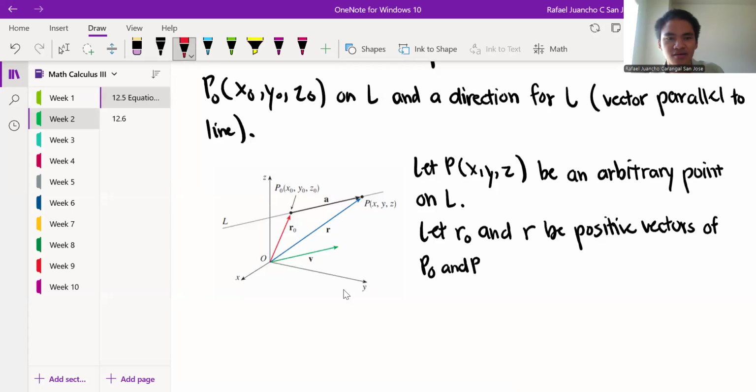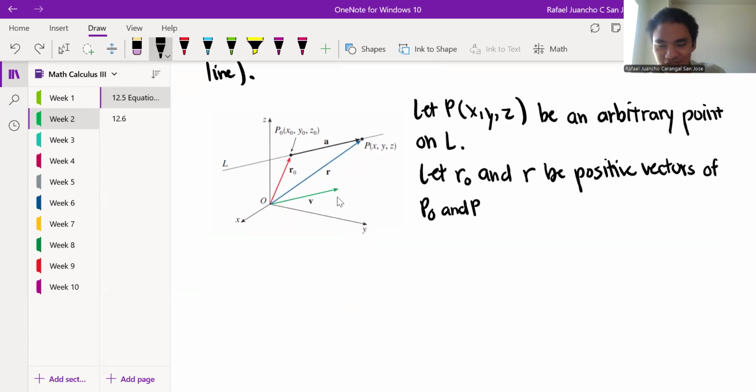Here we can see r naught is pointing towards the point P naught, and r is pointing to this point P. They're probably positive because they go up. There's no change in x, I think, but there's a positive change in y and z. And same goes for this one. So that's interesting. I think we're trying to find the equation of line L.